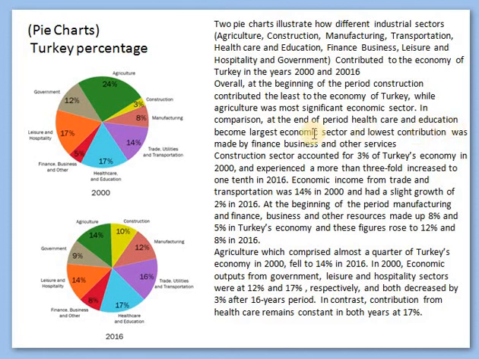The lowest contribution was made by finance, business and other services. The lowest contribution was made by finance, which is 8%.